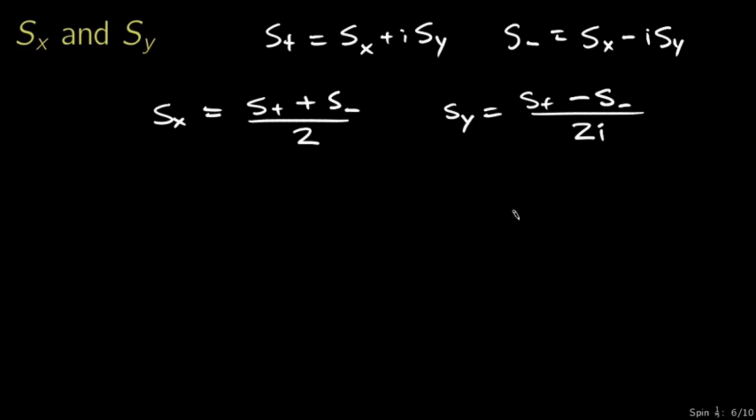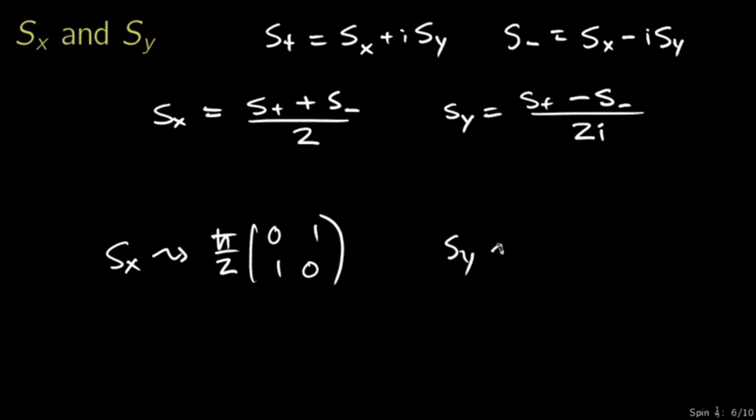So these are our operators. And now, knowing the matrix definitions of S plus and S minus from the previous slide, you can simply plug and chug. Sx, expressed in this basis, is h bar over 2, 0, 1, 1, 0. Sy, expressed in this basis, is h bar over 2, 0, minus i, 0.